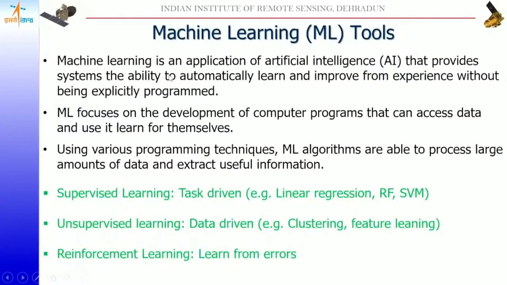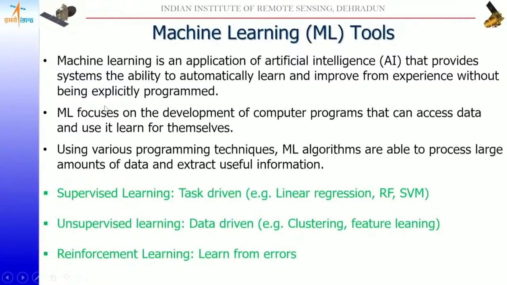So the next example we will discuss is machine learning, because this is a very important and emerging tool in recent years, and it is one of the applications of artificial intelligence. It provides the system the ability to automatically learn and improve from experience.